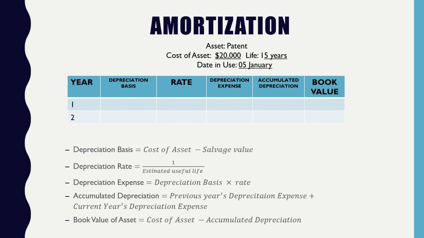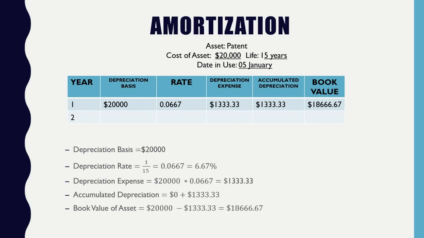Okay, what is the depreciation expense going to be? That is 20,000 divided by 15. On my calculator, I have 1,333.33, because the three keeps going.